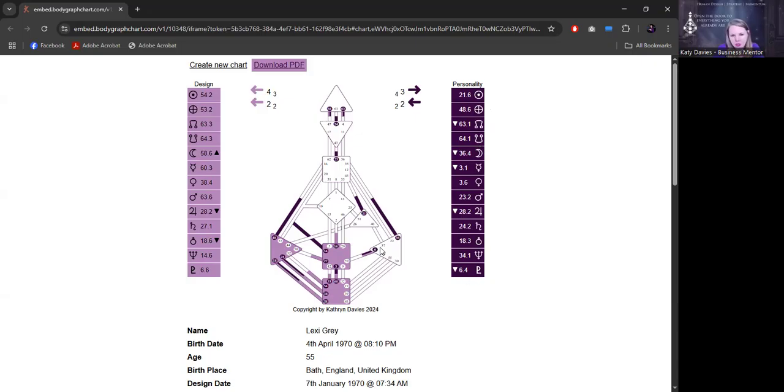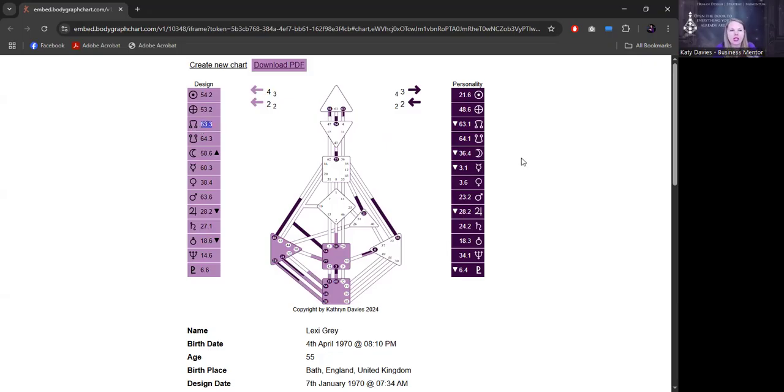So wherever you see the color, that's because here the sun has activated gate 21, it's turned it on. The earth has activated gate 48, it's turned it on. Your north node has activated gate 63, it's turned it on. Now it's actually turned it on both sides.